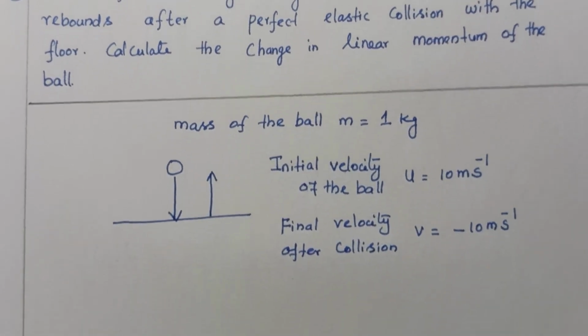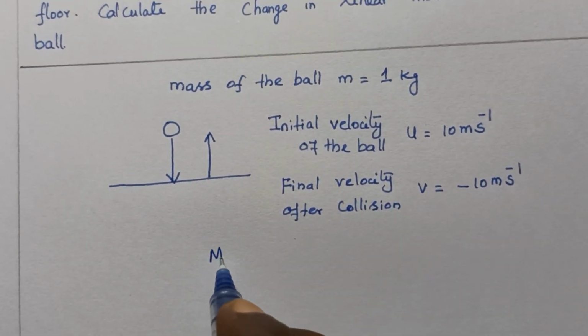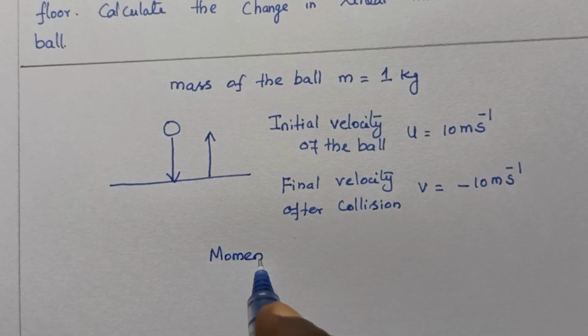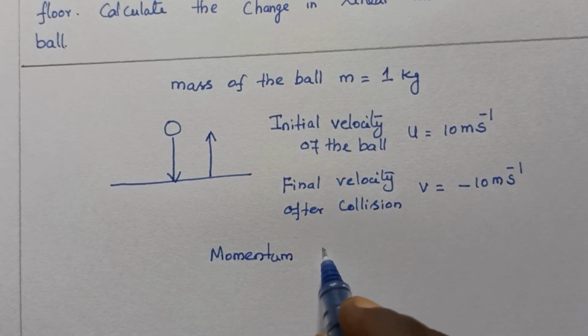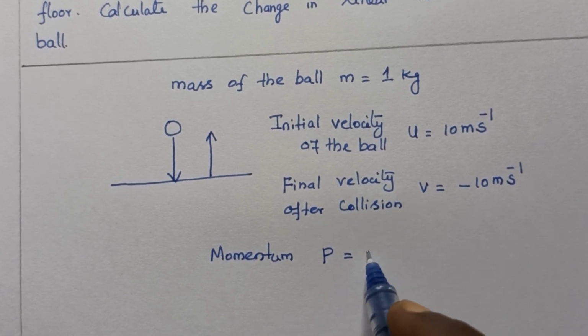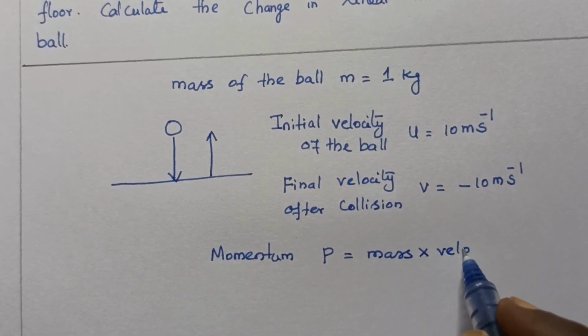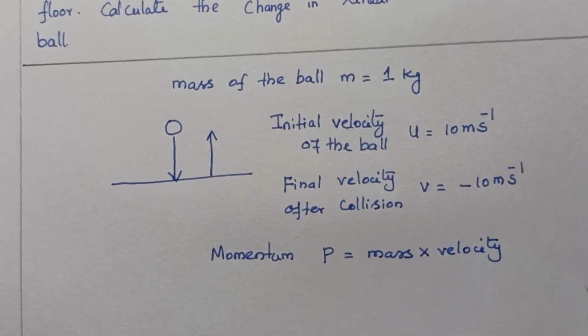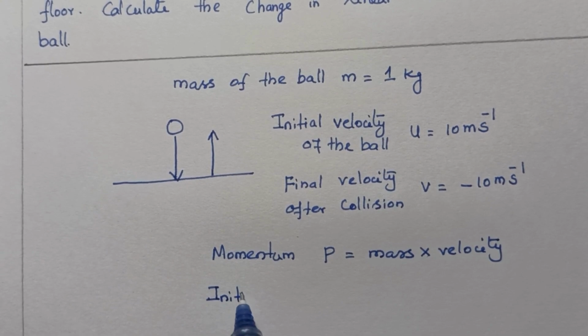Okay. Now we know the formula for momentum. Momentum P is equal to mv, that is mass into velocity. Therefore we can calculate the initial momentum.